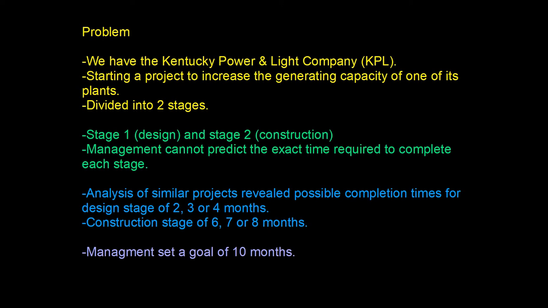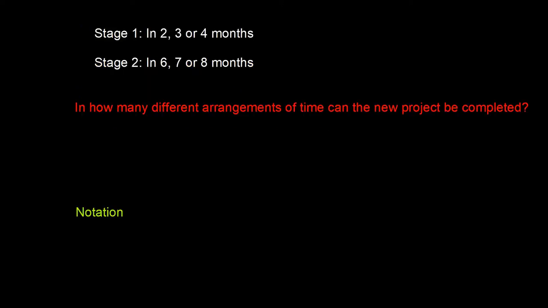So you, as part of the management, set a goal of completing this project in 10 months. So let's remember, stage 1 has been completed before in 2, 3, or 4 months, and stage 2 in 6, 7, or 8 months. So the question is, in how many different arrangements of time can the new project be completed?